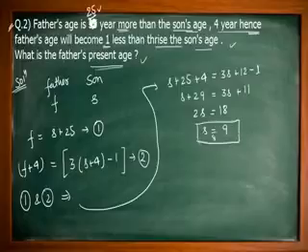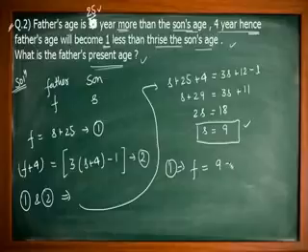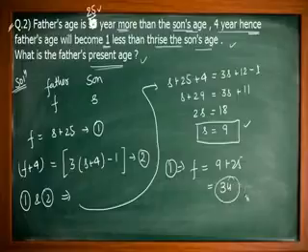So you have found the value of s, and the son's age will be 9. Putting it in the first equation, the father's age will be 9 plus 25, which is 34. That is the age of your father.